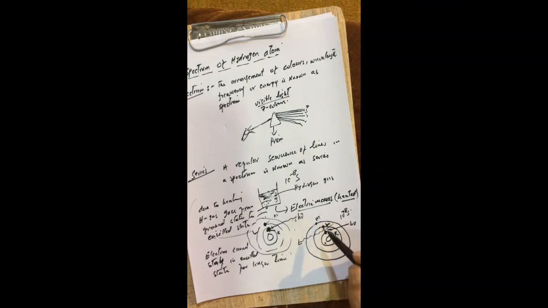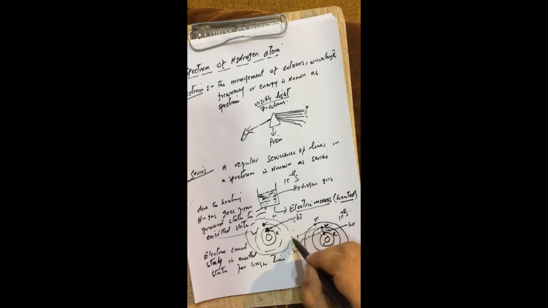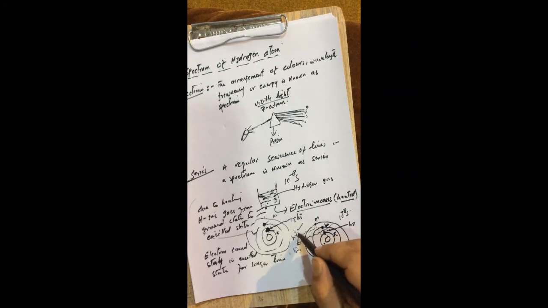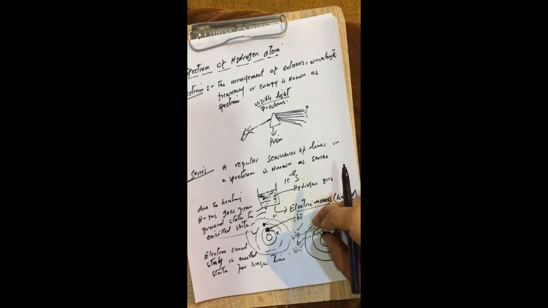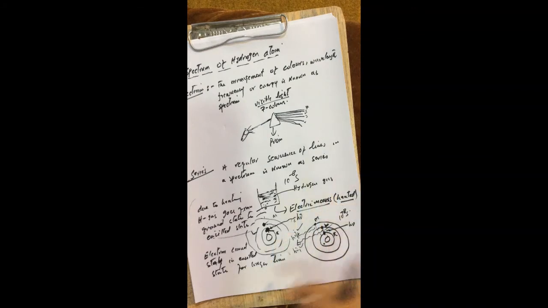Now if an electron de-excites from L to K, the energy is h nu 1. When the same electron, suppose it is in the M shell, de-excites back to the K shell, it also emits radiation, but its energy will be h nu 2. The frequency of this radiation, nu 2, will be different from the other, because here the energy difference is different. Here the energy will be bigger, here the energy will be smaller.